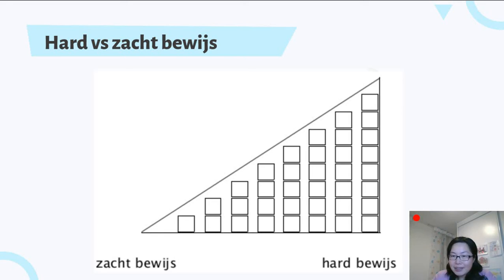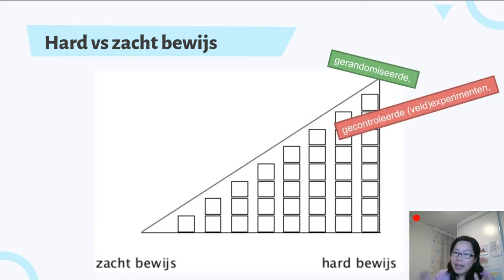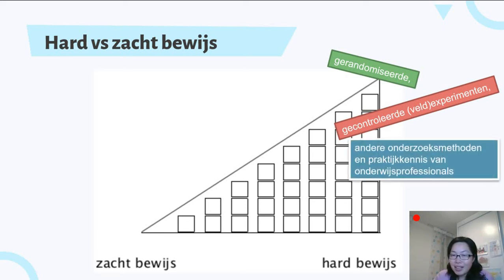Regarding the hard evidence, we talk about the research design, which is based on randomization. And we have a comparison between groups. One is the control group, the other one is the experimental group. And in order to make the data much richer, we also use some other research methods to collect the practical knowledge from education professionals.